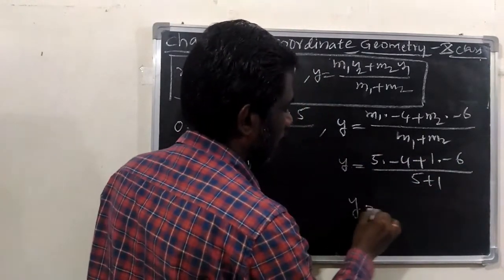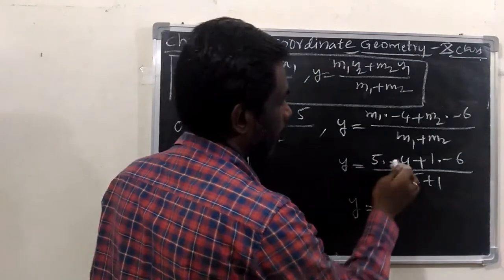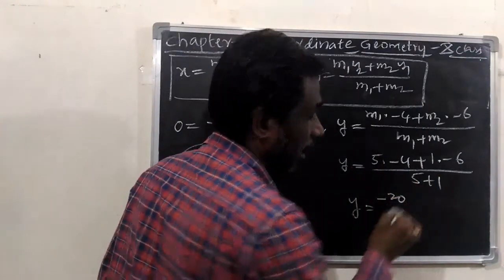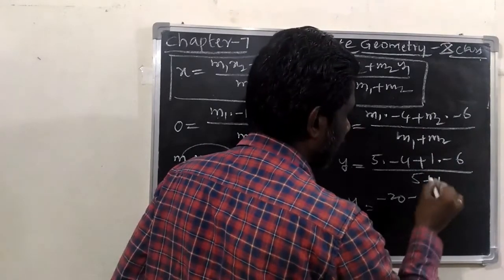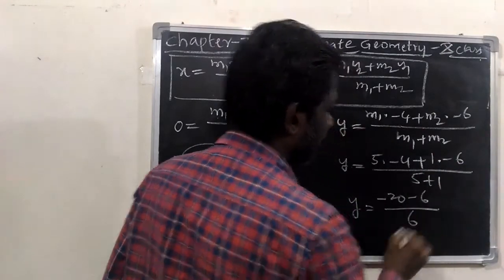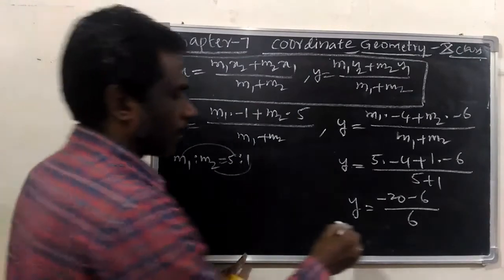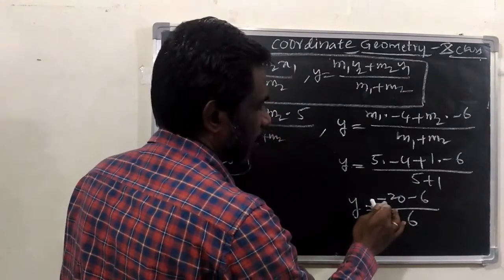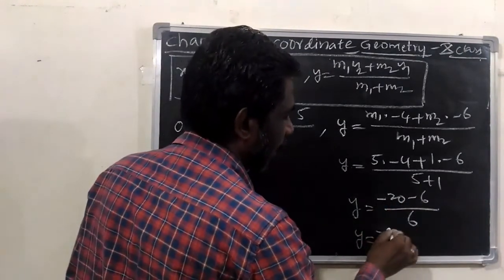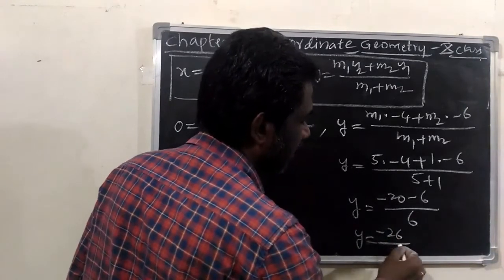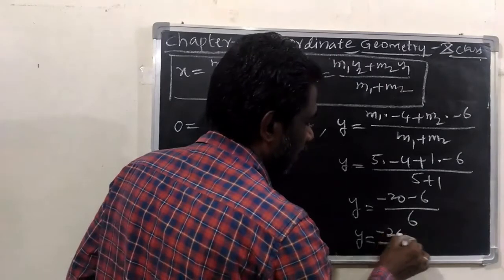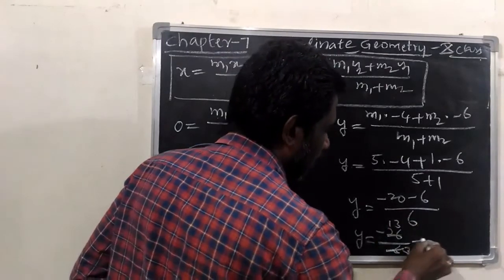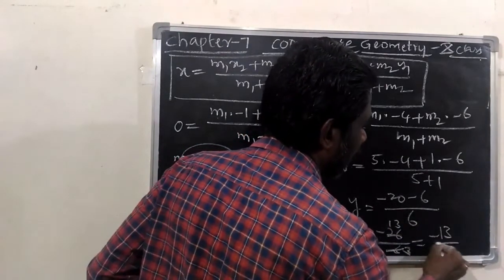So y equals 5 into -4, which is -20, plus 1 into -6, which is -6, by 5 plus 1, which is 6. So y equals (-20 minus 6), that is -26, by 6, and we simplify it. 2 threes are 6, 2 thirteens are 26, so y equals -13 by 3.